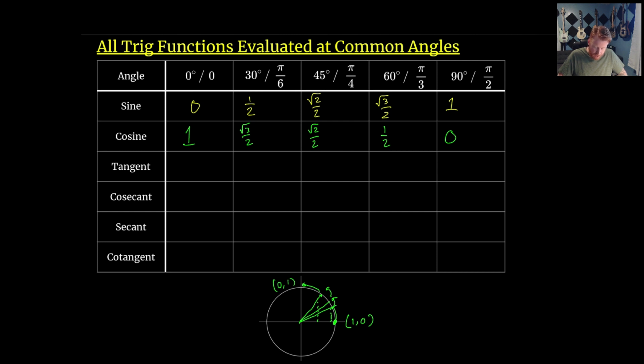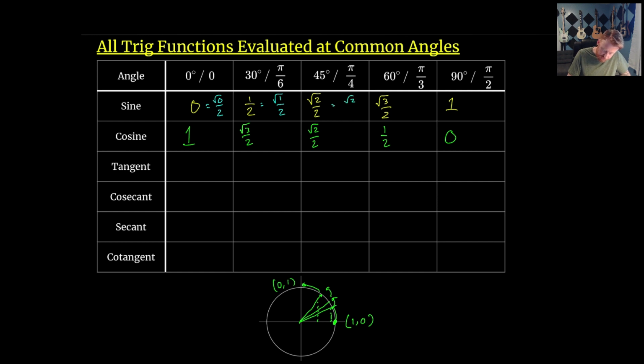I just want to notice some pattern here, because there is kind of this nice pattern of just increasing numerators. So I could write 0 as the square root of 0 over 2, and that is still just equal to 0. And I could write 1 over 2 as the square root of 1 over 2, and that's the same thing.